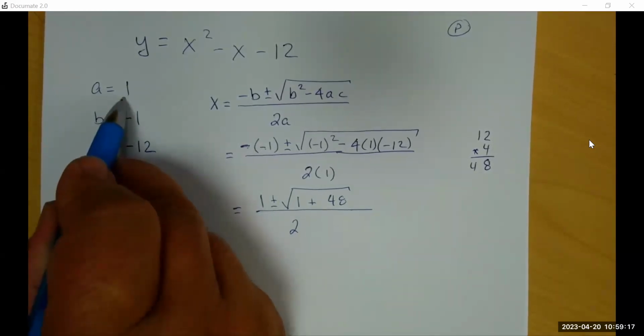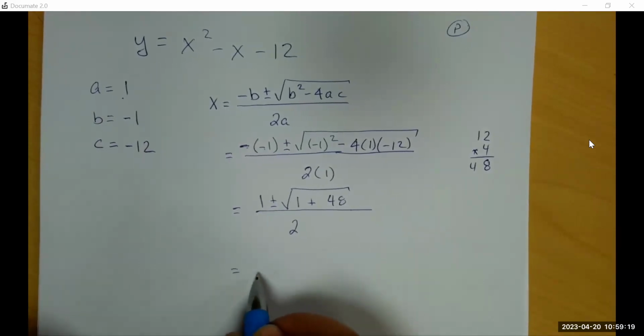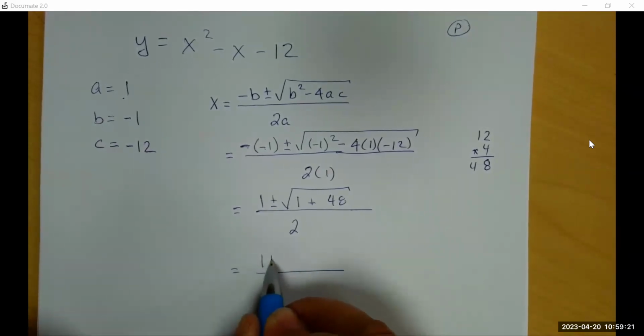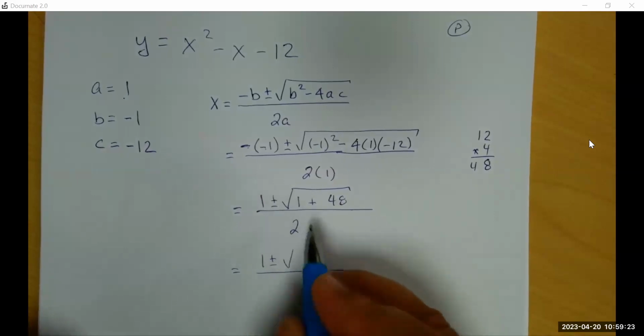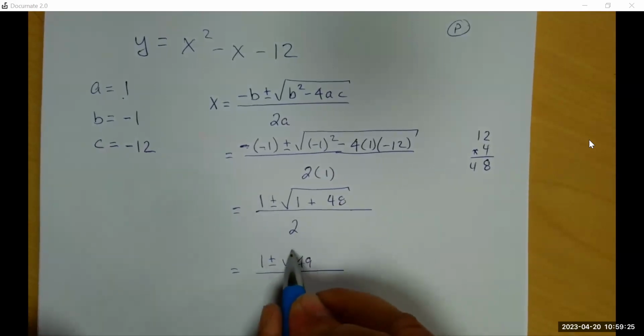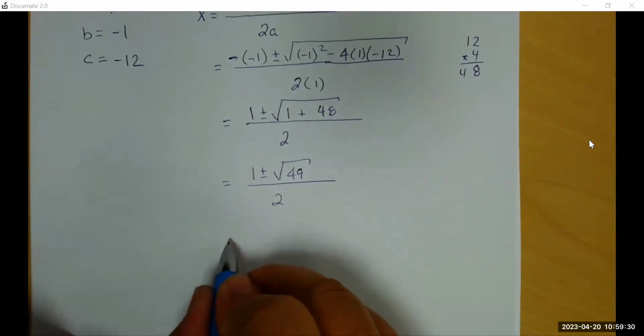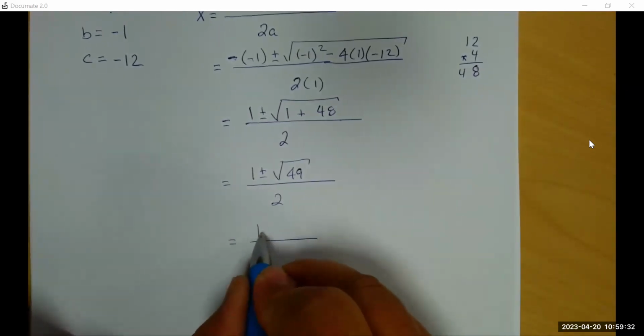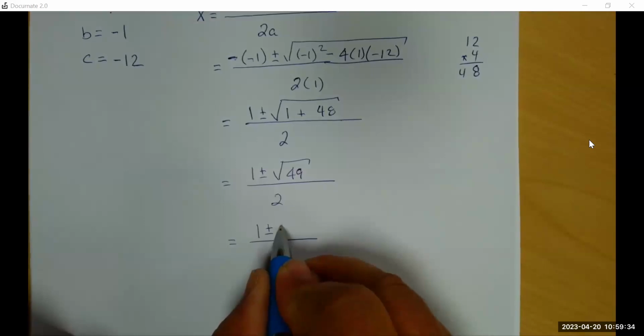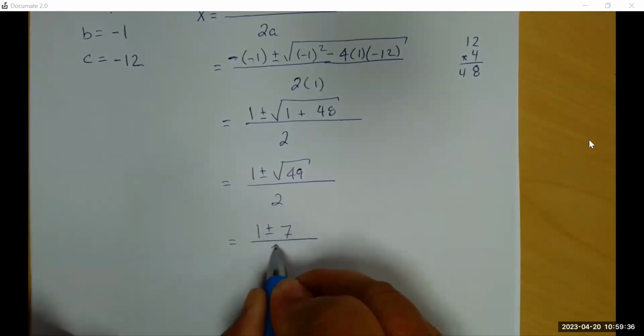Because a is 1. Oh, wait. 1 plus or minus the square root of 48 plus 1, which is 49. The square root of 49 is 7.